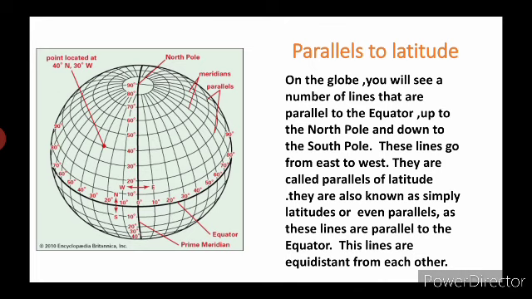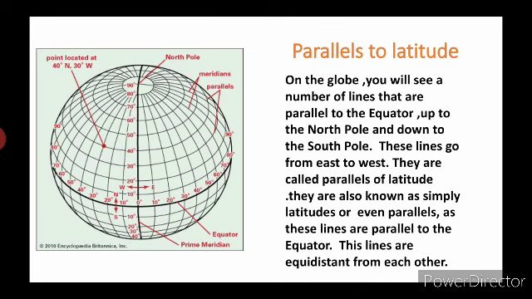Now see in this upper corner you can see points located there, 40° N and 30° W. See here, students, in the corner, the North Pole they have shown, meridians they have shown, parallels they have shown, and some numbers.